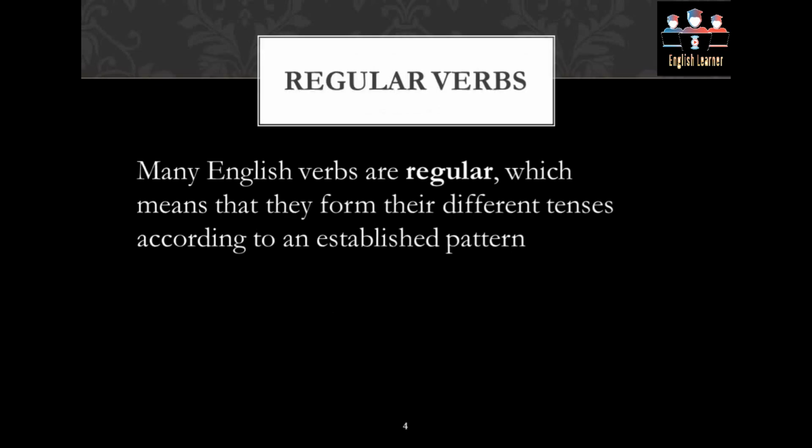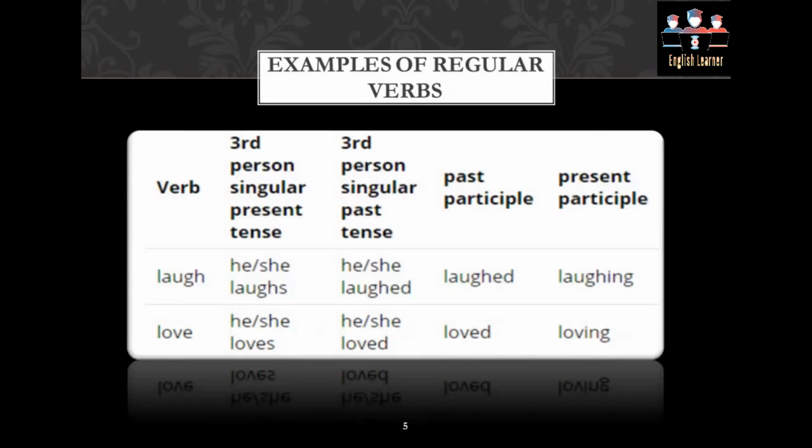Regular verbs. Many English verbs are regular, which means that they form their different tenses according to an established pattern. Let's have an example. Example is verb laugh, and we are going to judge this verb laugh according to the present, past and past participle as well as the present participle tense.